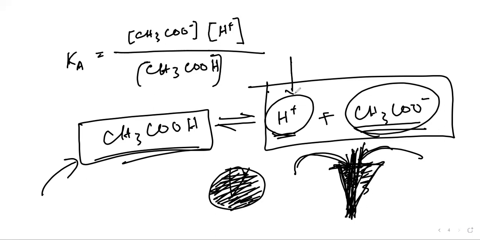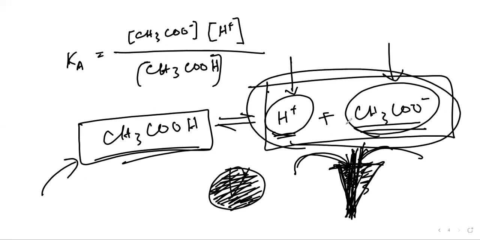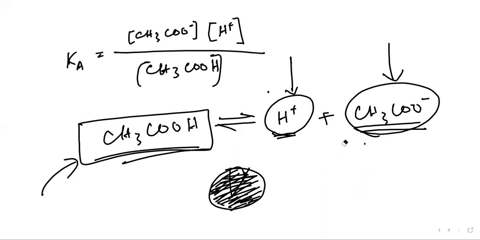That means this H plus and this CH3COO minus, we can consider that they are in equal molar ratio because they are on the same side. So molar ratio on the same side components, that's logical. We don't assume that in terms of different sides of the equation.